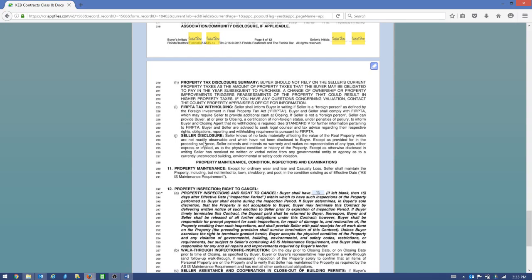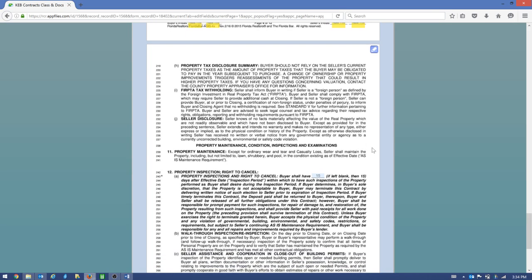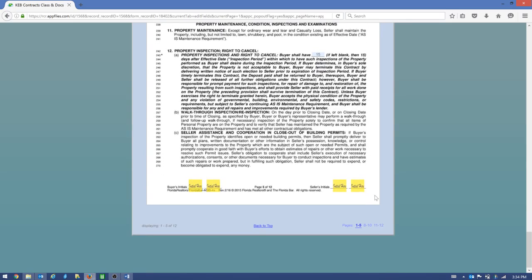Because we all know there's a stigma associated with sinkhole properties, and that could affect someone's desire to purchase it or not. That's just an example, not the only one, of course. And that is something that, even after they closed, the buyer could still sue the seller for, if the seller knew and they could prove that they knew.